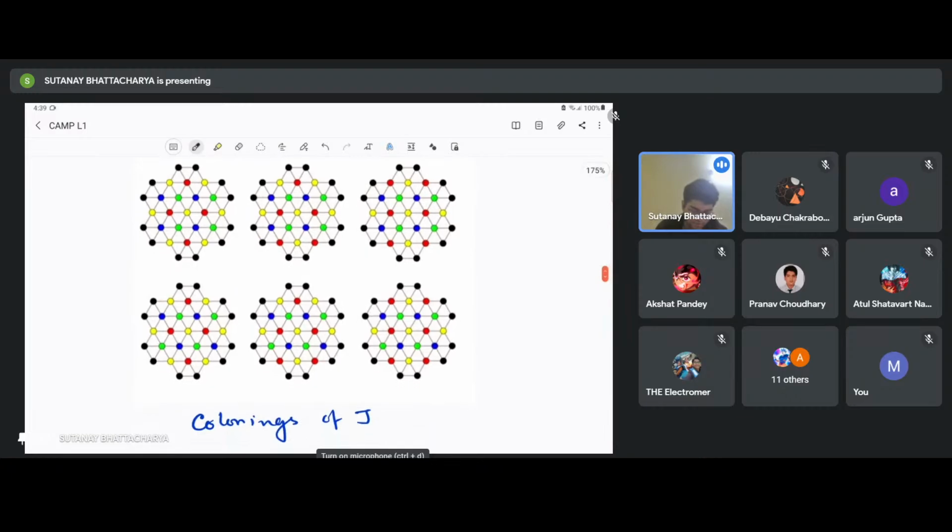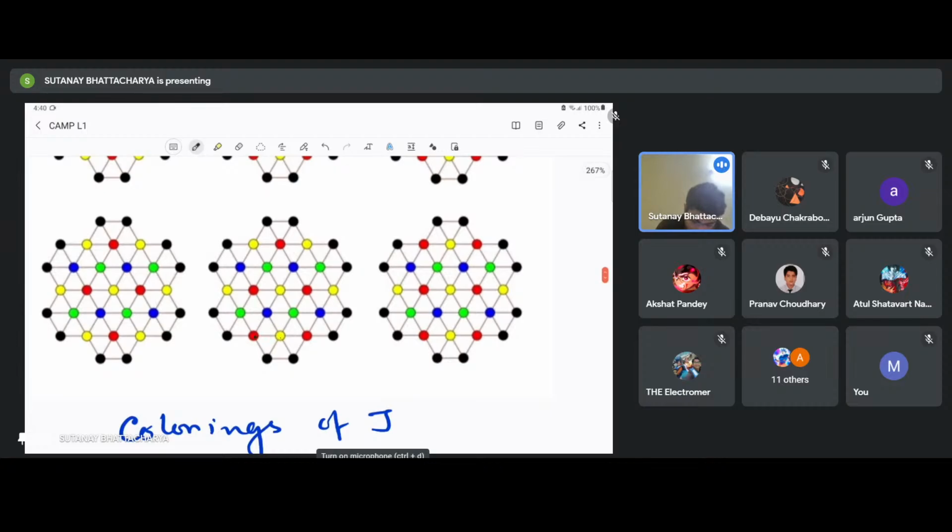Here some vertices are black because by black I mean they can be any color as long as they are not directly contradicting each other. For example, here's yellow and red, and this black would be green or blue, and the other one would be the other remaining color, and it doesn't really matter which one you choose.